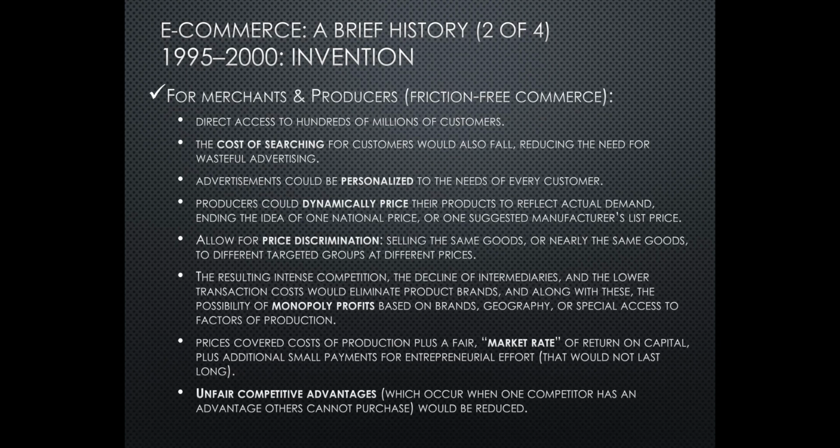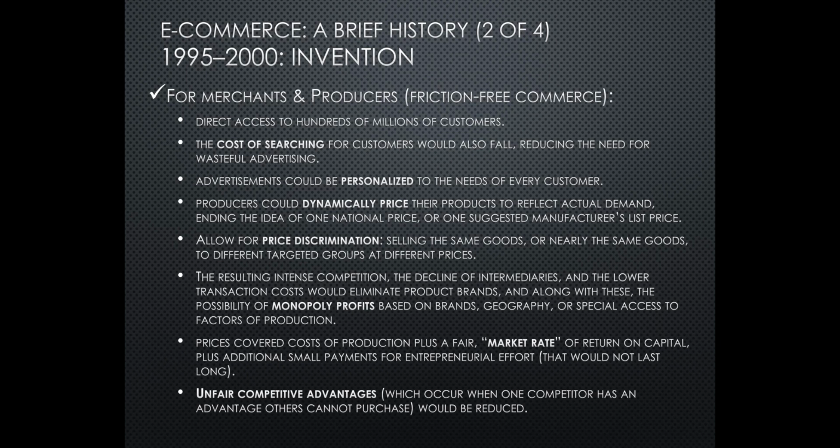The producer can dynamically price the product to reflect actual demand, the actual location, and the shipping costs that they have to pay. This allows for price discrimination. You cannot overprice the products that you sell, because of the mechanism of demand and supply in the market on the web.